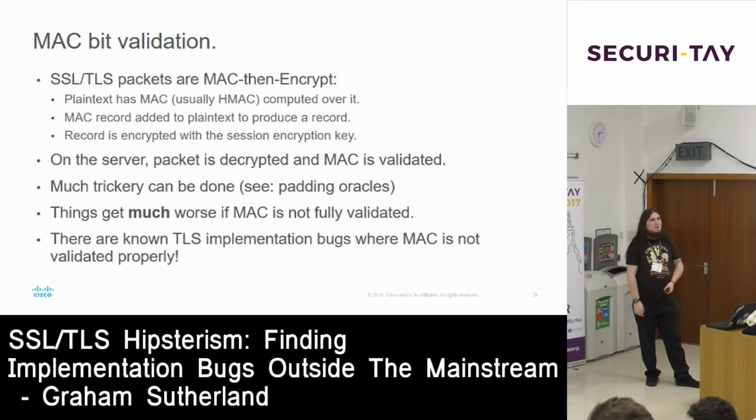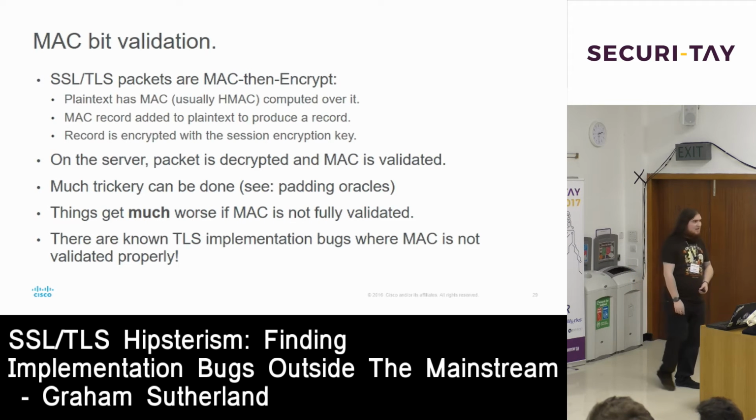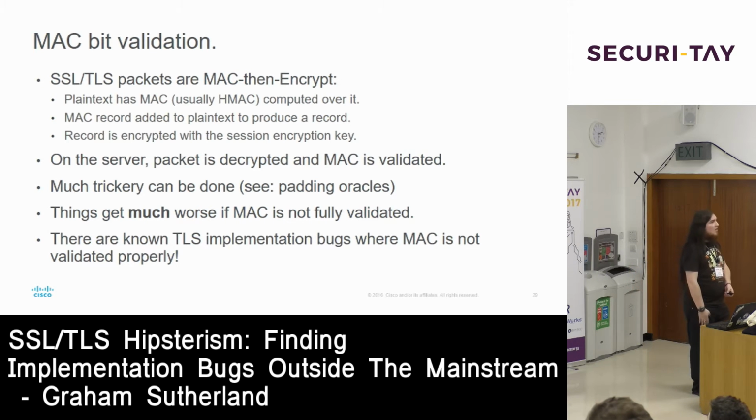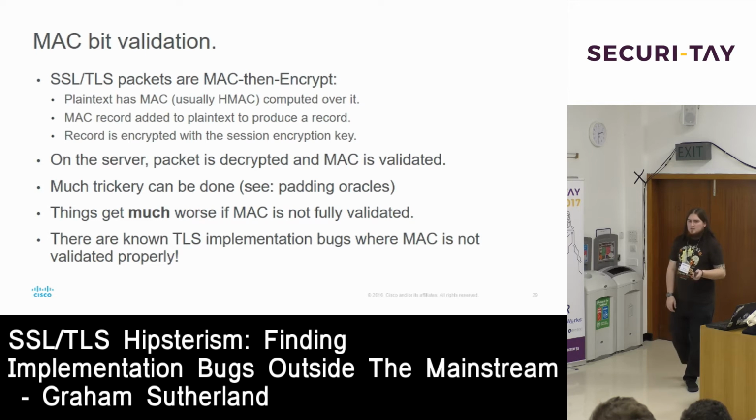Now, I would say something like 3 or 4 of the major SSL/TLS bugs that were out were due to padding oracle or other oracle attacks against MAC-then-encrypt CBC as implemented in TLS, due to the fact that they use MAC then encrypt.